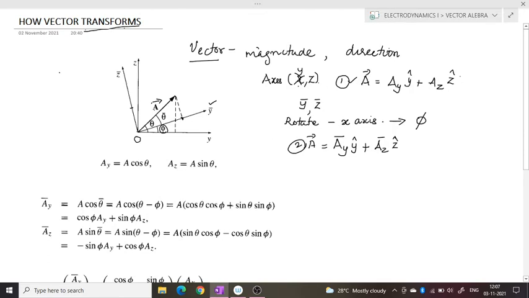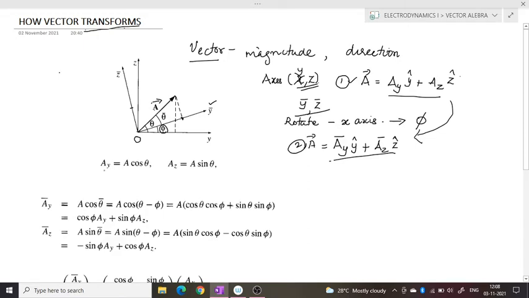This is in yz coordinates and this is in y dash z dash coordinates. So the vector has not changed, just the components have changed from Ay, Az to Ay dash and Az dash. How Ay is transformed to Ay dash and how Az is transformed to Az dash has to be found out. So how a vector transforms is what we are going to study in this section.